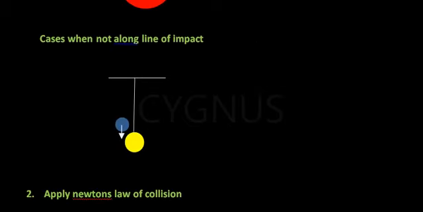I wasn't supposed to tell you this, but let me tell you. See, in this case there is a tension force, right? So you cannot just apply conservation, as there is an impulsive force in this direction. There is no direction free of it, unless you take the resultant, but that would be extremely difficult.